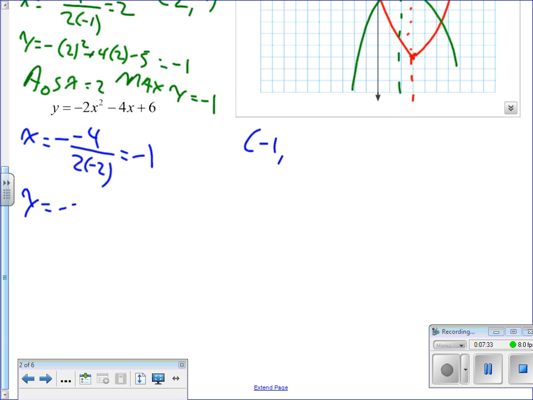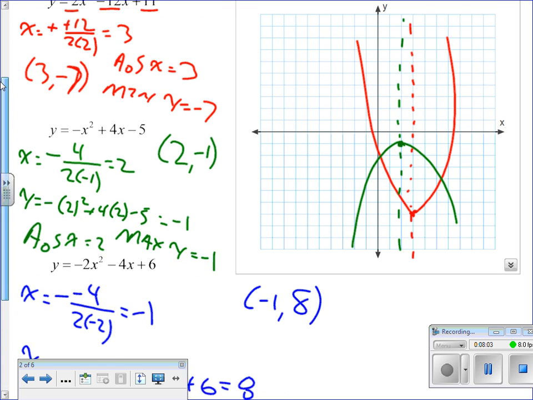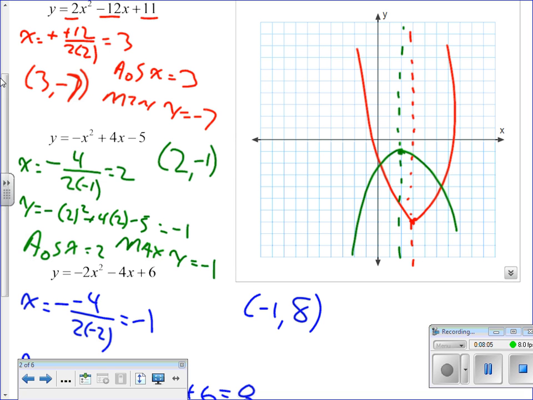Y-coordinate is -2 times -1 squared minus 4 times -1 plus 6. -1 squared is 1 times -2 is -2. -4 times -1 is 4. -2 plus 4 is 2. 2 plus 6 is 8. So my vertex is -1, 8.